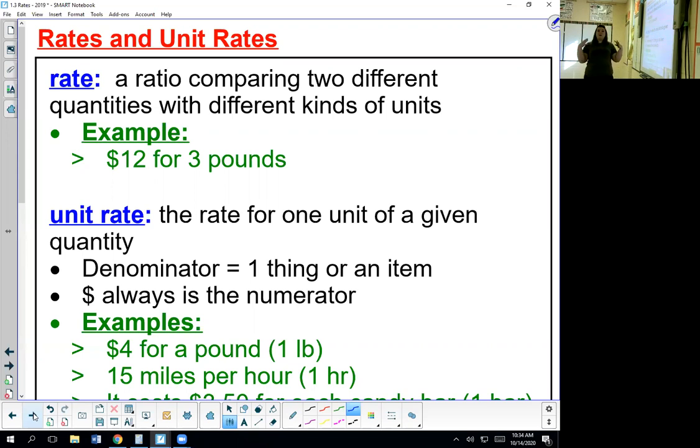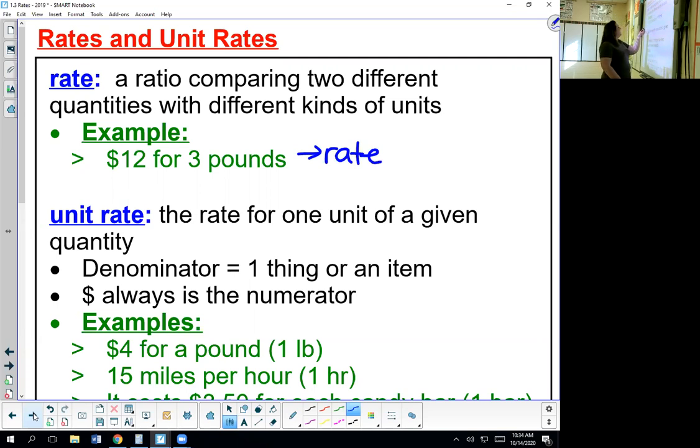If we're talking about money, money is always going to be the numerator. Always. No matter how big or how small that number is, it will always be the numerator. Okay? So this here is a rate.